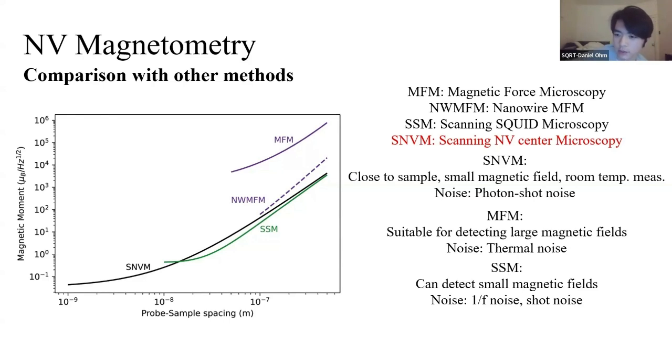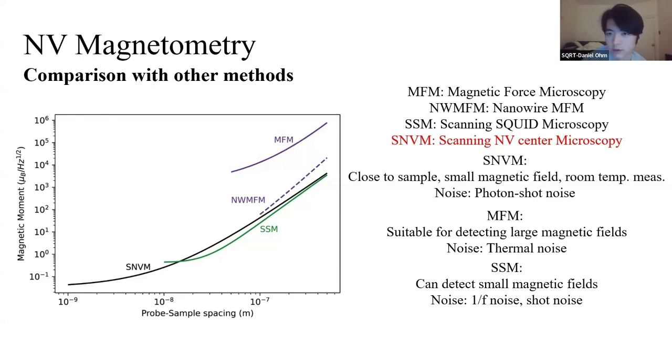If these eddy currents are very small, you might not be able to detect them with other sensors. The selling point of NV centers is that you can use them up to 600K. So at very extreme temperature ranges, the NV center can be used to detect magnetic fields.